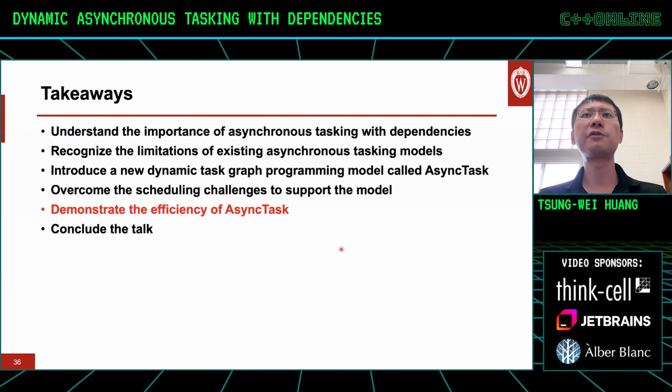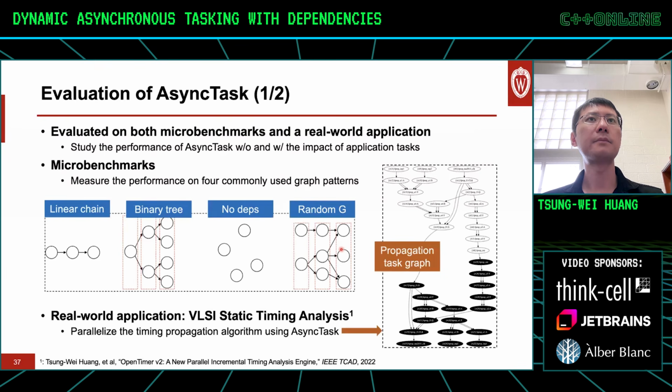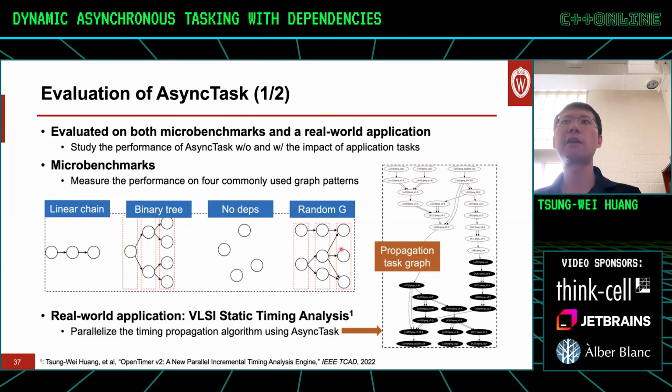Now, I'm going to demonstrate the efficiency of AsyncTask. We have evaluated the performance of AsyncTask on both micro-benchmarks and a real-world application to study its performance without and with the impact of application tasks. In terms of micro-benchmarks, we measure the performance on 4 commonly used task graph patterns.